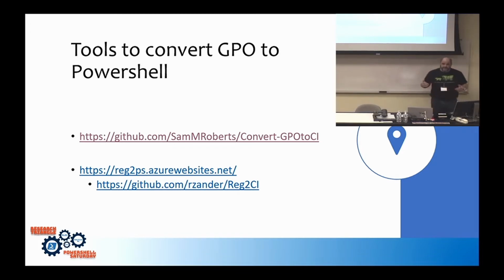And then he also has a command line tool that will do the same thing. You can point it at a group policy object, or you can point it at an export or a backup. So those registry pol files that are associated with group policy can be used to automatically generate the compliance items.